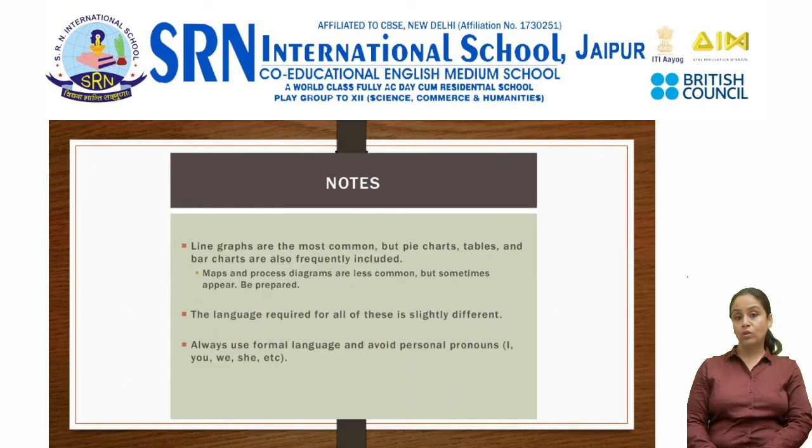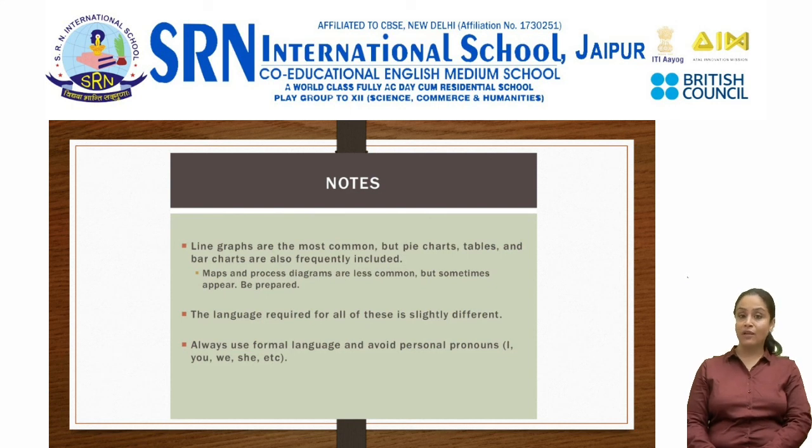Now, some notes which I would like to give here is that line graphs are the most common, but pie charts, tables and bar charts are also frequently included in your task 1 question. Maps and process diagrams and flowcharts are less common, but sometimes they might appear, so be prepared for them also. The language required for all of these is slightly different.